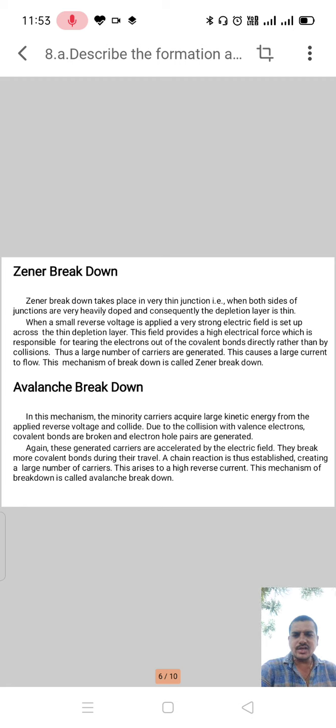Again, these generated carriers are accelerated by the electric field. They break more covalent bonds during their travel. A chain reaction is thus established, creating a large number of carriers. This gives rise to a high reverse current. This mechanism of breakdown is called avalanche breakdown.